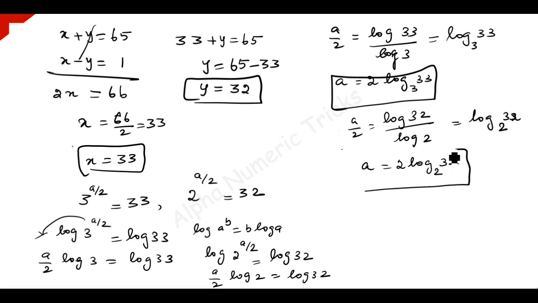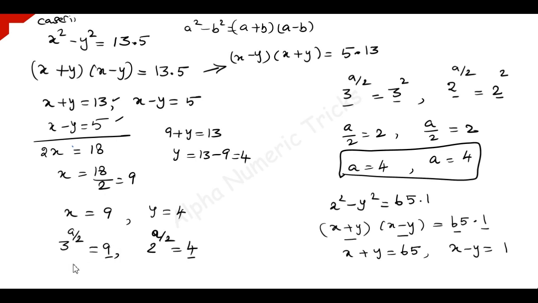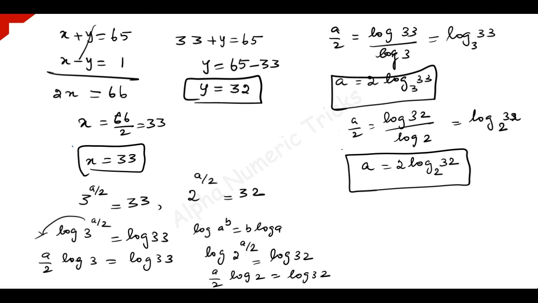This is another value for a. So if you want the integer solution, then you can take a is equal to 4. And if you want a non-integer solution, then a is 2 log 33 base 3, or a is equal to 2 log 32 base 2.